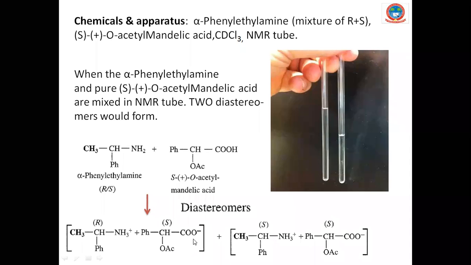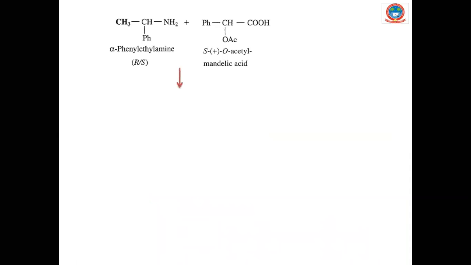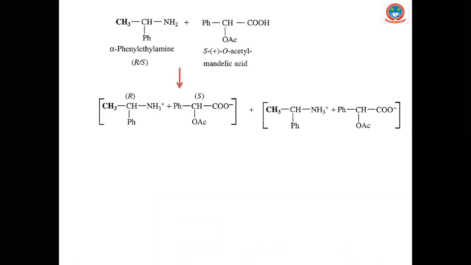If you focus on the two methyls or the two phenyls, they will not give the same signal. They give different signals. See, we have done this. We reacted with S-mandelic acid and got two diastereomeric salts, or diastereomers, SR and SS.